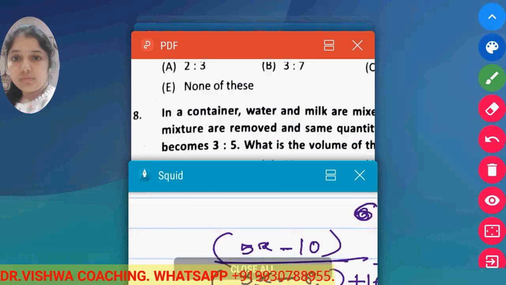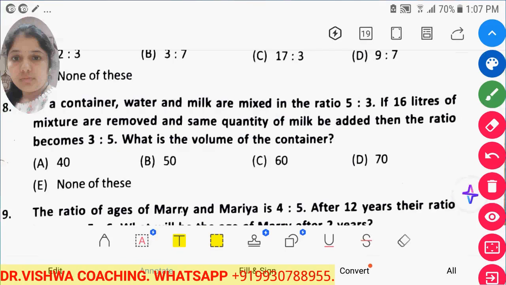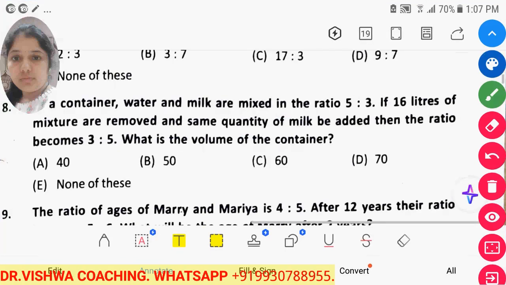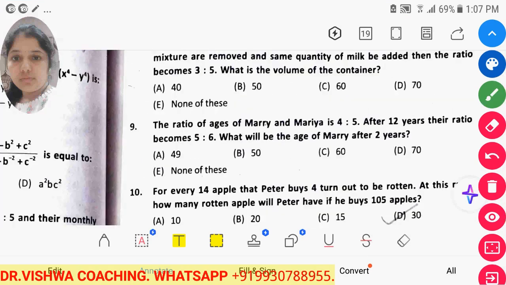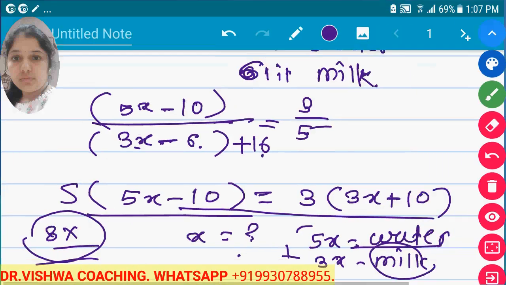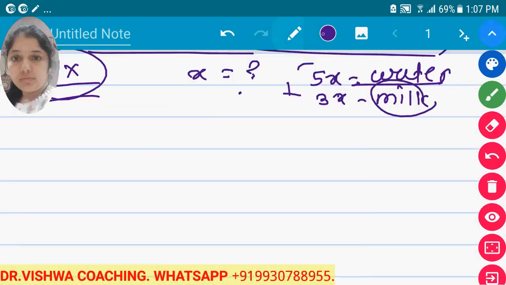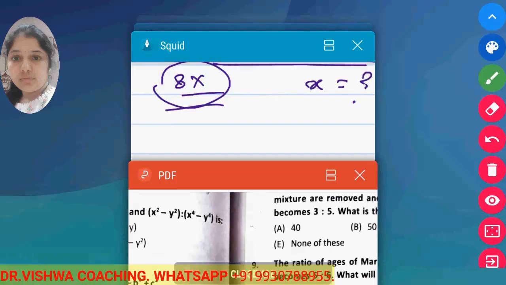No, second last. The ratio of ages of Mary and Maria is 4:5. After 12 years, their ratio becomes 5:6. What will be the age of Mary after 2 years? Now it is very simple. Two persons are there. Their age ratio is given to us, 4:5.